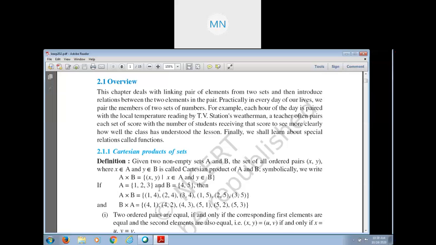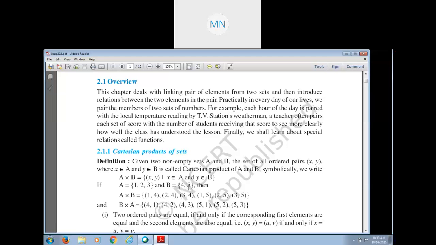Similarly, you can find B cross A also. When we find B cross A, you have to take the elements from B first, because the first set is B, so the first element comes from B. So it looks like (4,1), (4,2), (4,3).